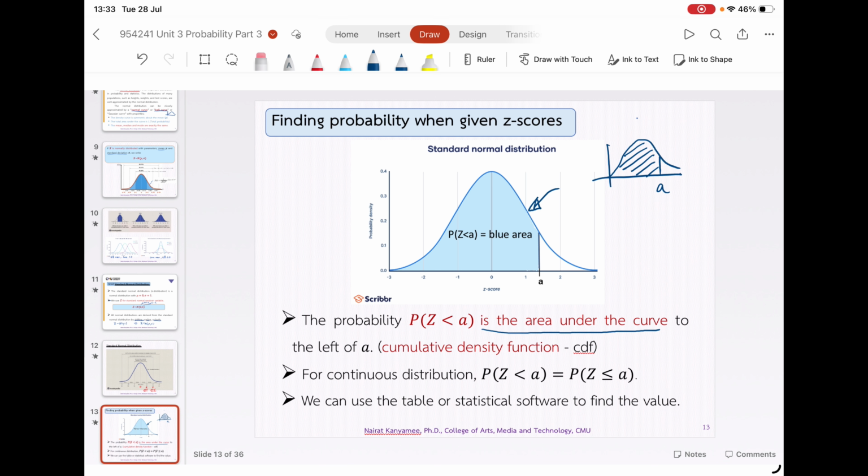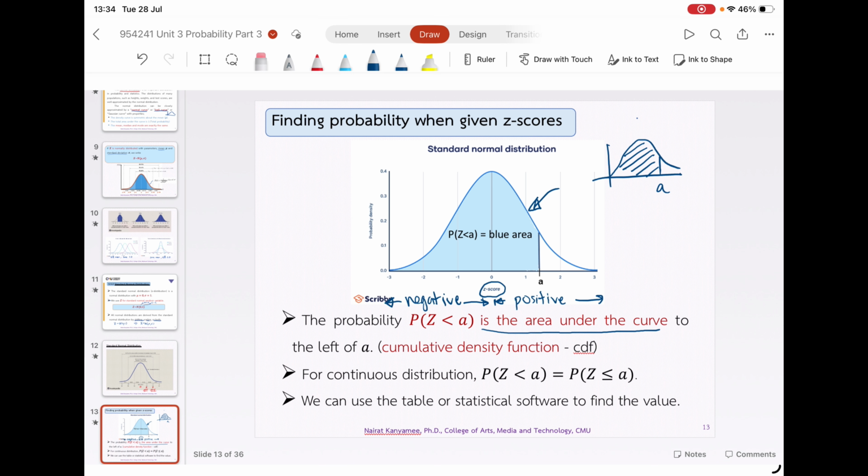For a continuous distribution, the z-score is on the x-axis, and if you observe here, mu is in the middle, the positive z-score is to the right, and the negative z-score is to the left.